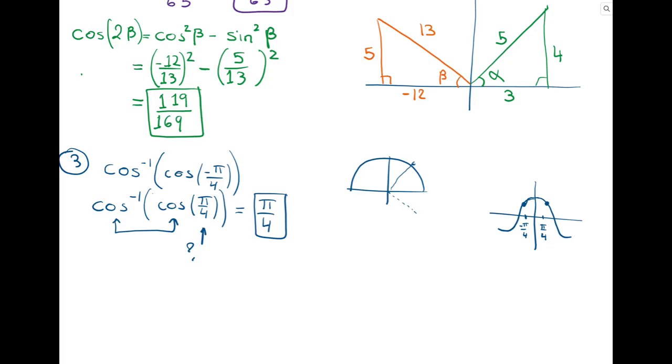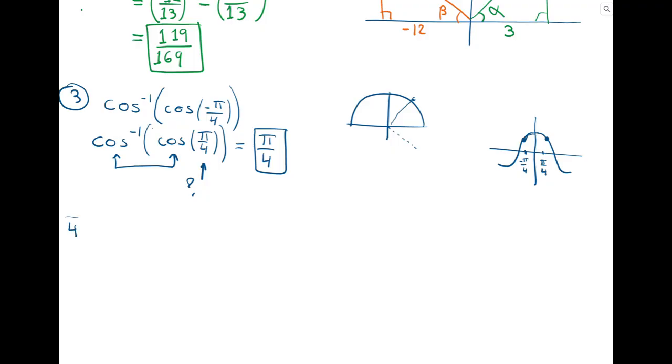Now, sometimes it doesn't work just nicely like that. Sometimes we don't have just a function with its own inverse. For example, if I had tangent of sine inverse of 1 over 3, well, now that's a little bit trickier because I need a right triangle. Those two are not just inverse of each other.